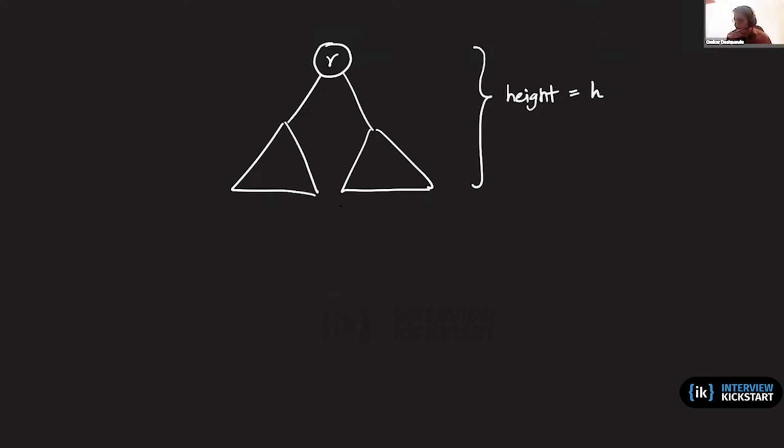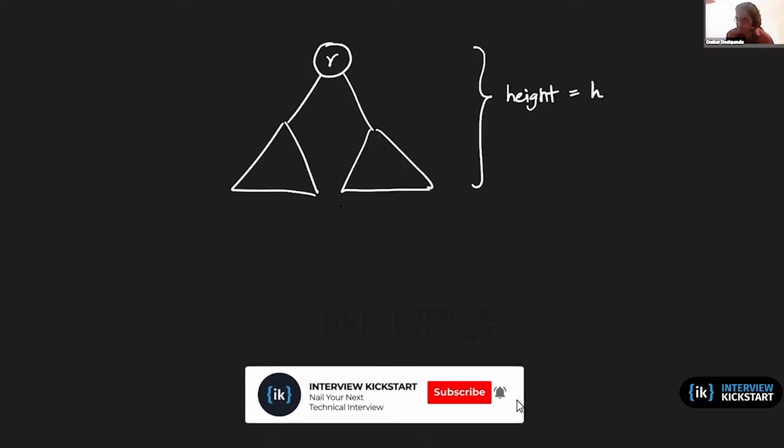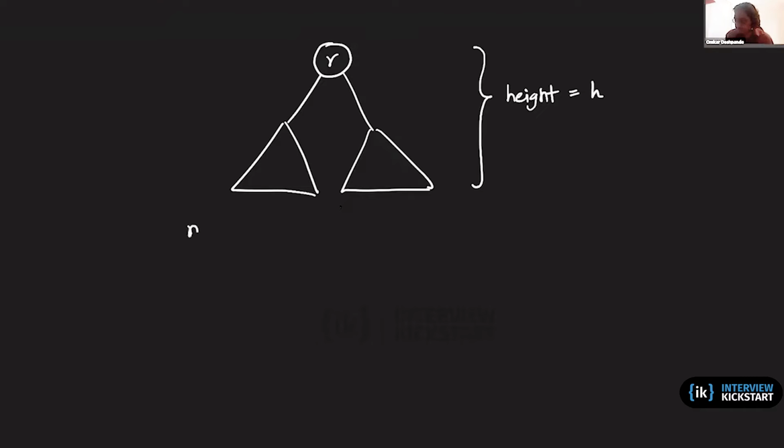So I'm going to let n of h be the minimum number of nodes. We want to argue that the number of nodes in this tree is some exponential function of h. So I'm going to argue that even the smallest possible tree that you can construct of height h is going to have an exponential number of nodes in h.